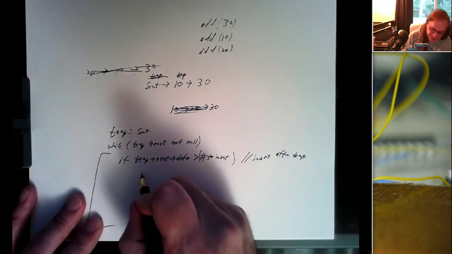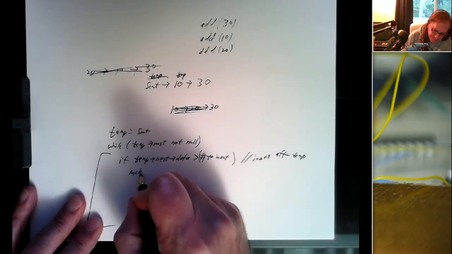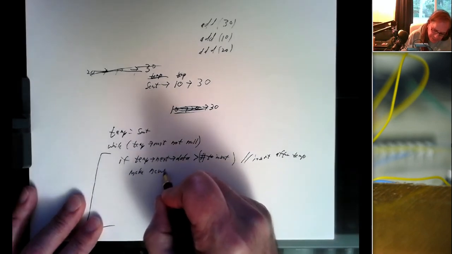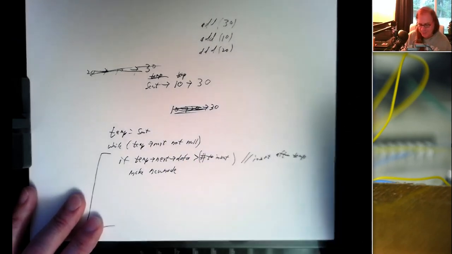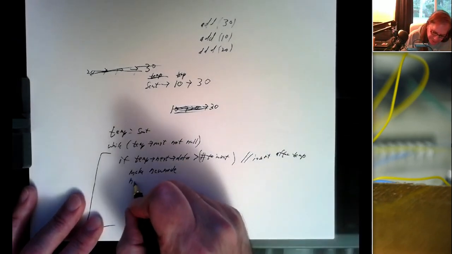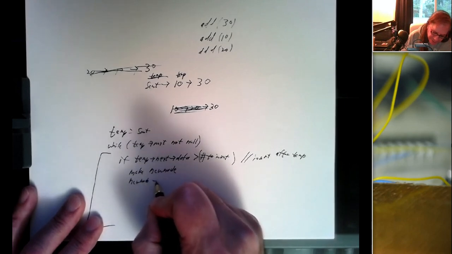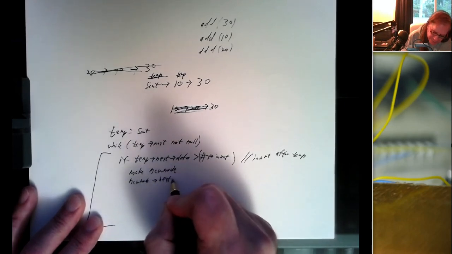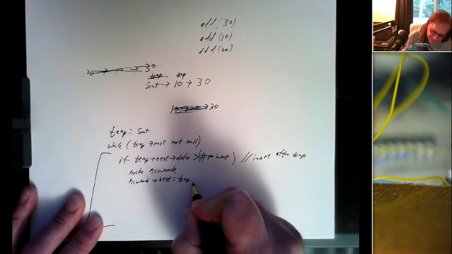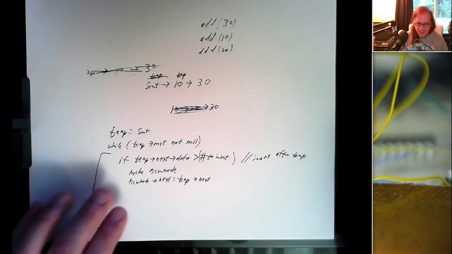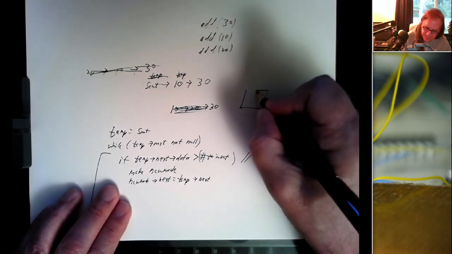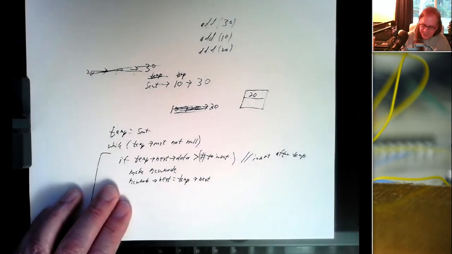So how do we do this? Make a new node with a data value of whatever number we're inserting. New node next equals temp next. So we're going to create a new node. We're going to put the 20 into the data value.